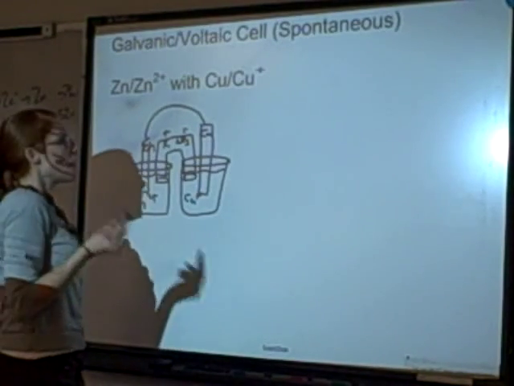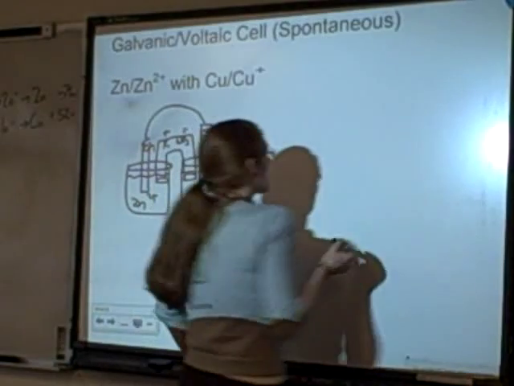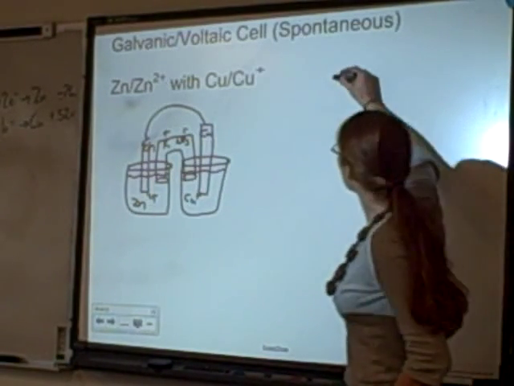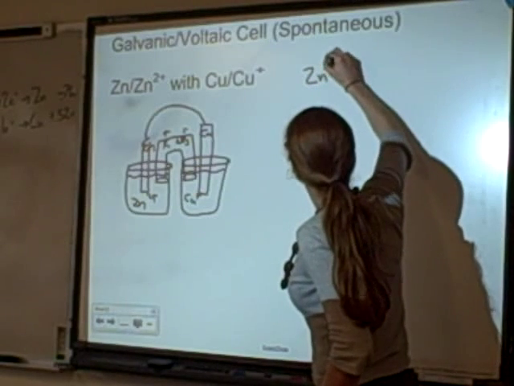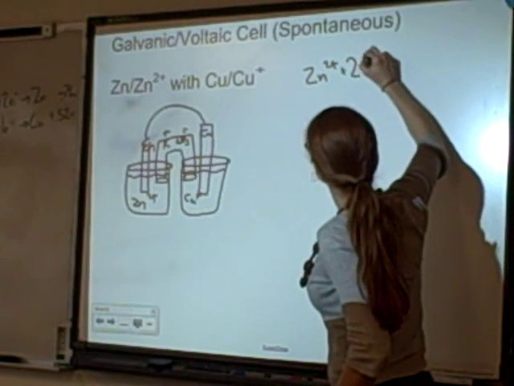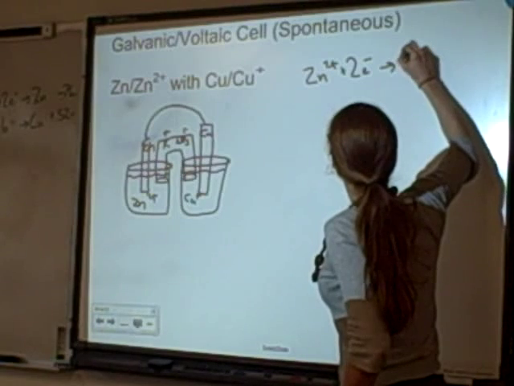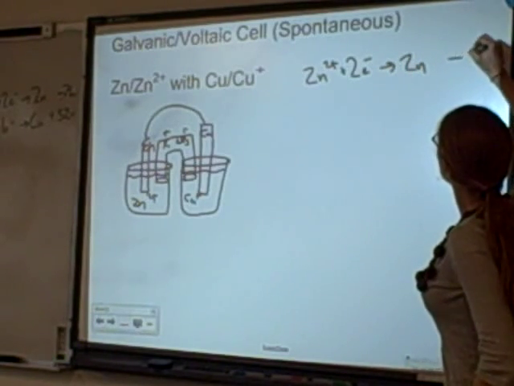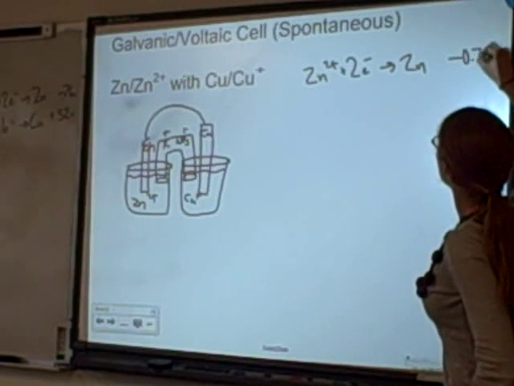So on my sheet that I get for the AP chemistry test, it gives me the standard reduction potentials, and they're written like this. Zn2+ plus 2 electrons goes to zinc metal, and there's a value beside that that is a negative 0.76 volts.